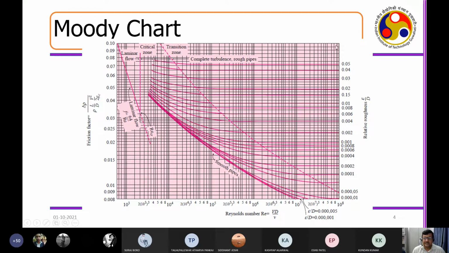Now, if I ask you, what is the name of this type of graph, where you have a non-uniform y and non-uniform x-axis, and how exactly do you achieve this non-uniformity? Do you have any idea? What type of plot is this? I mean, get away from fluid mechanics and everything.